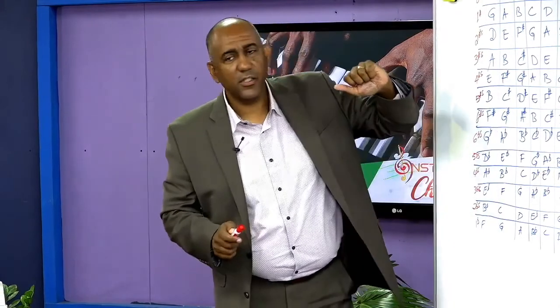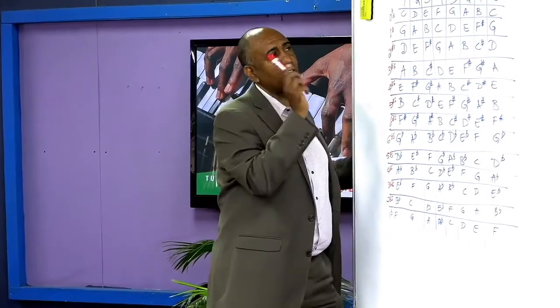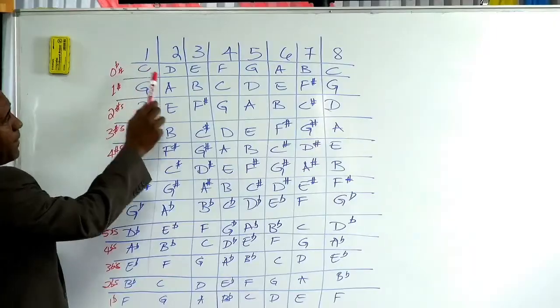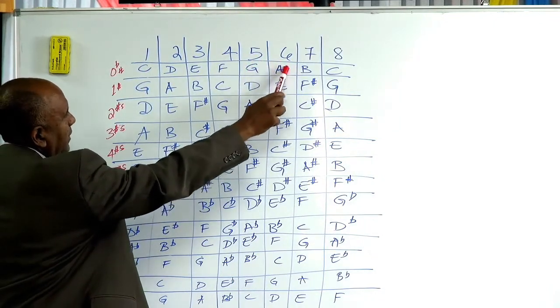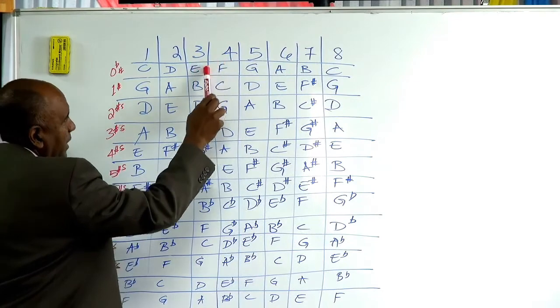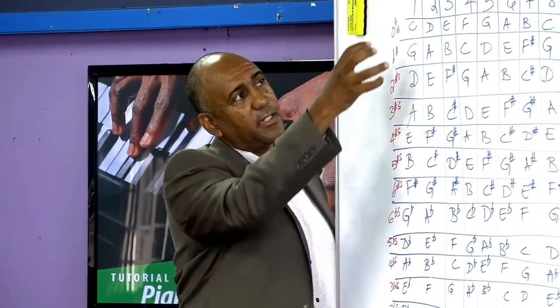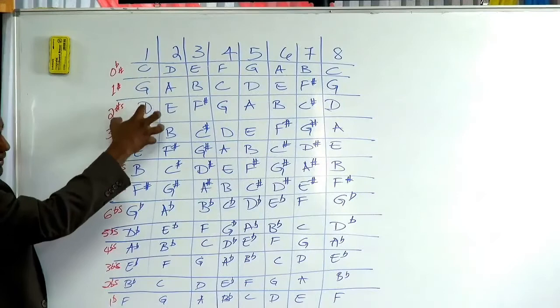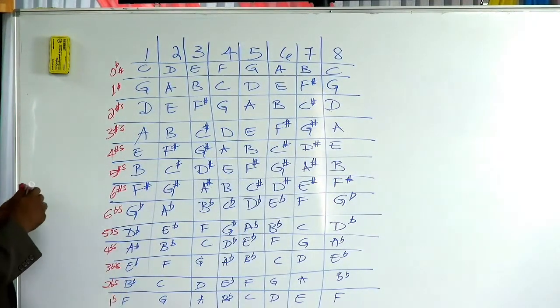So we will not be using the names of the chords. What we are going to be using for this exercise are the numbers. So the chords that we played, C, G, A minor, and F. Now, if you remember from our previous lessons, everything that's in this column, it's a major chord.